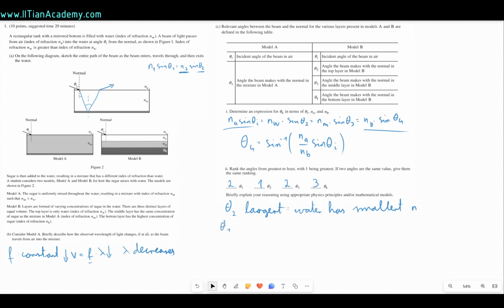Theta 1 is equal to theta 3 because they're in the same layer, same refractive index, therefore they must be the same. And theta 4 is the smallest because the layer has the highest refractive index.